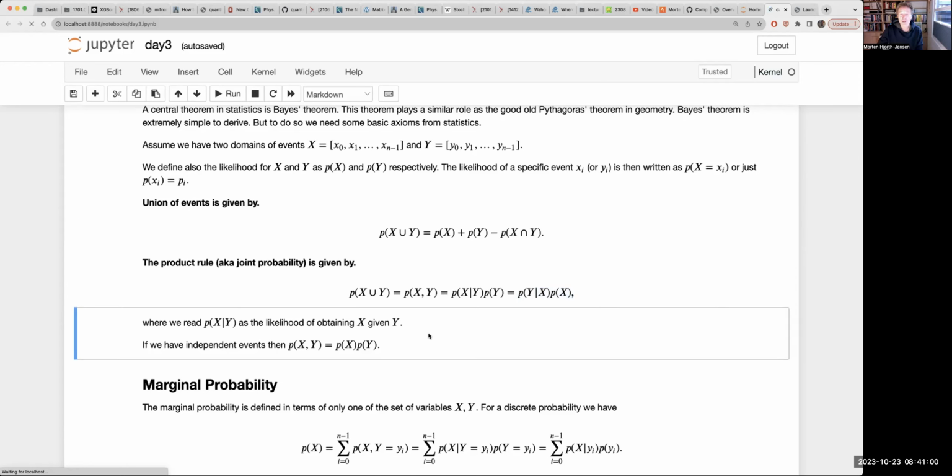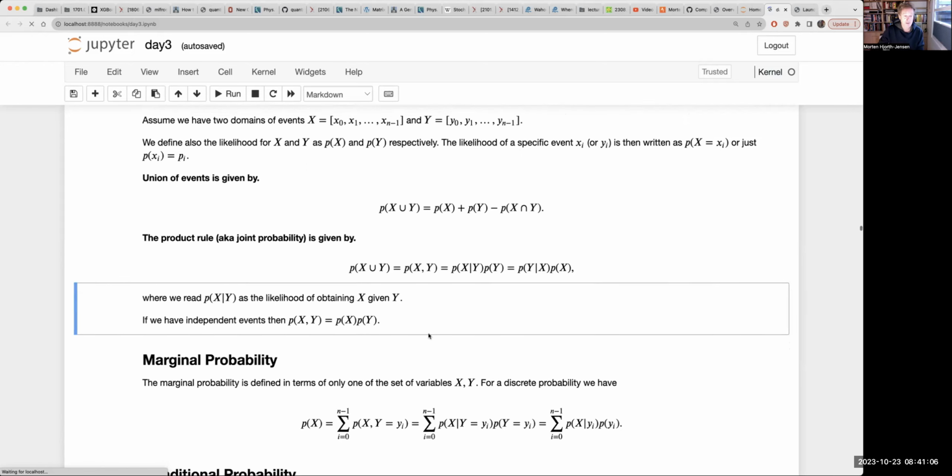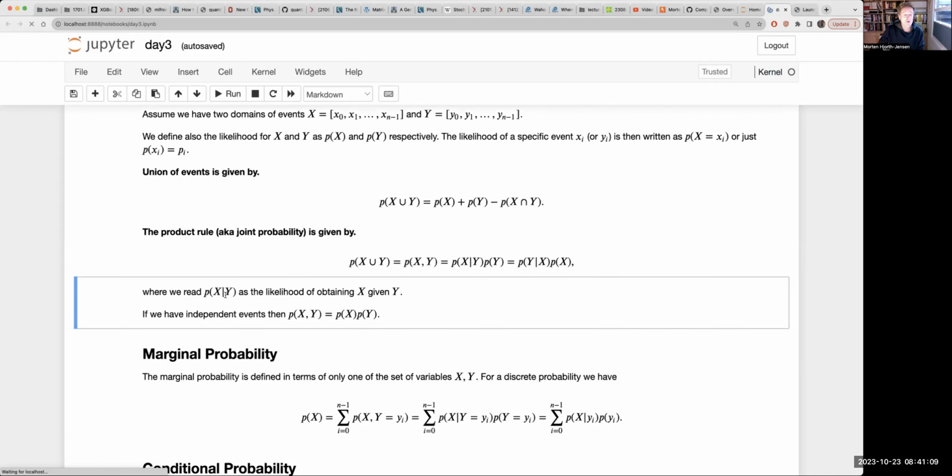And these are some of the basic statements which you will find in the beginning of a textbook or a course on statistics. When you look at this quantity, P of X with this vertical bar and Y, this is read as the likelihood of obtaining X given Y.